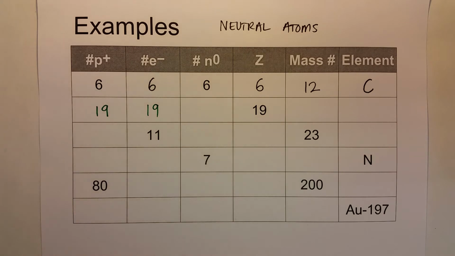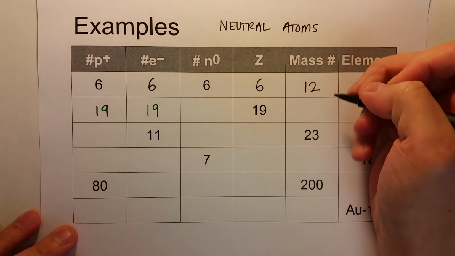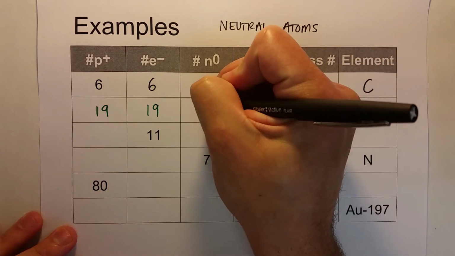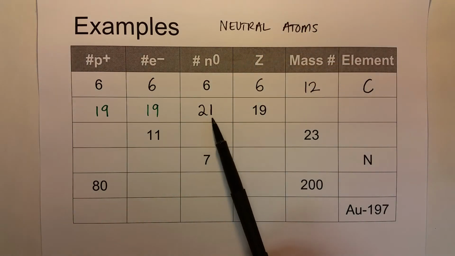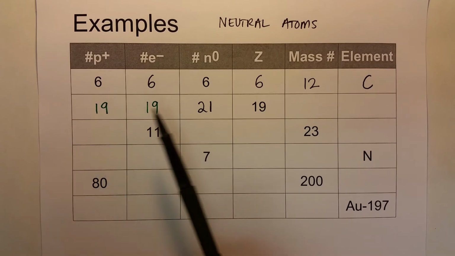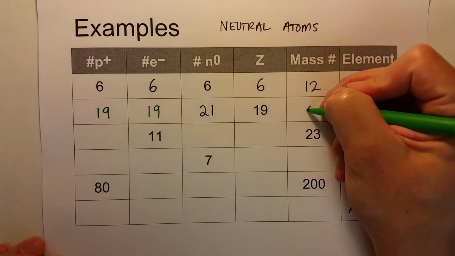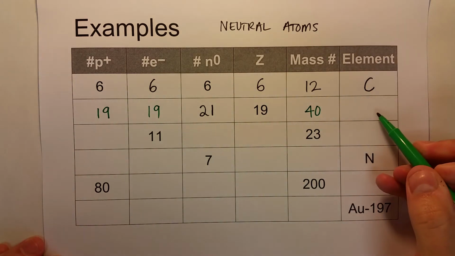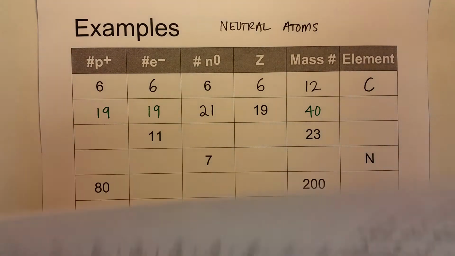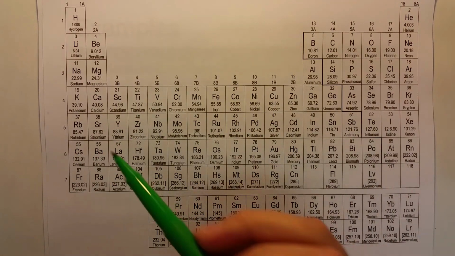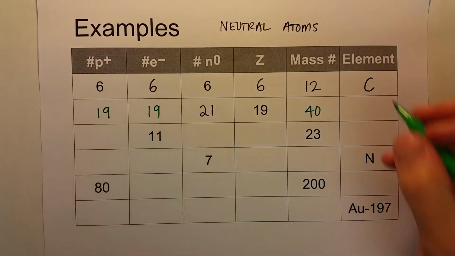Let's say the number of neutrons is 21. So the number of neutrons plus the protons, 21 plus 19, is 40. So this element has a mass number of 40. To find out what element it is, we look at the atomic number, or the number of protons, 19 in both cases. And so we can go to the periodic table and find out that element number 19 is potassium, which has a symbol of K.